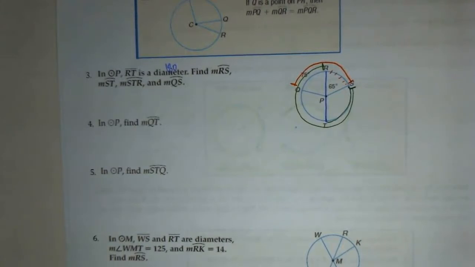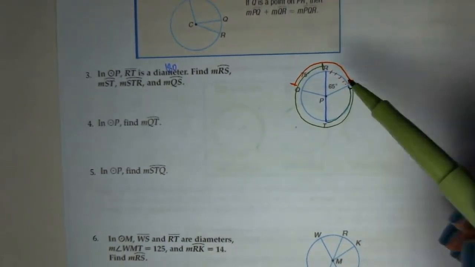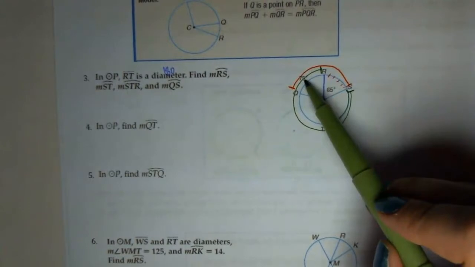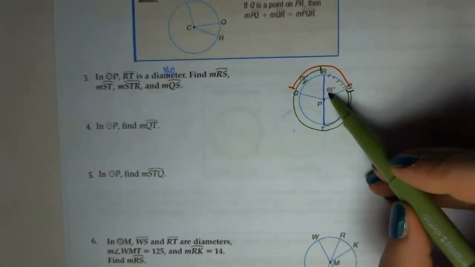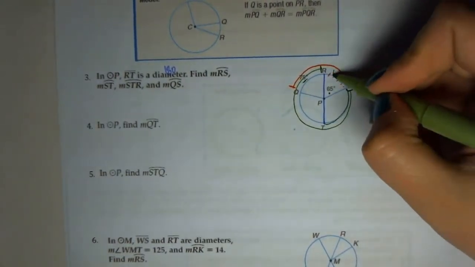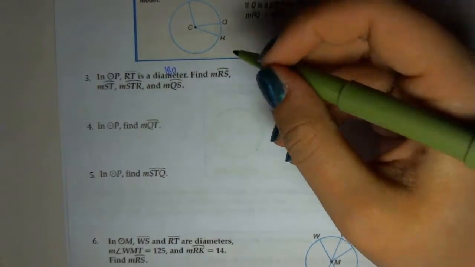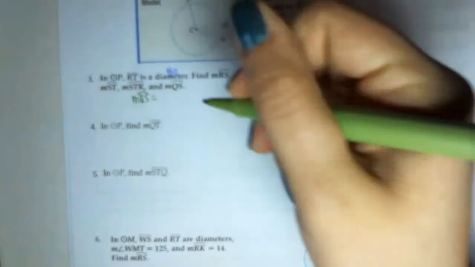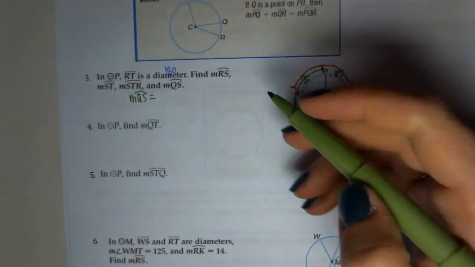So we're going to start with finding QS. I can add 75, and I know if the central angle is 65, then that's 65. So for measure of arc QS, I'm going to add these two together.